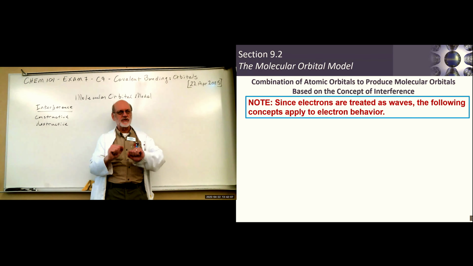Now, what we were shown there was constructive interference and destructive interference. The constructive interference, in our quantum mechanical equations, would lead to the bonding molecular orbitals.